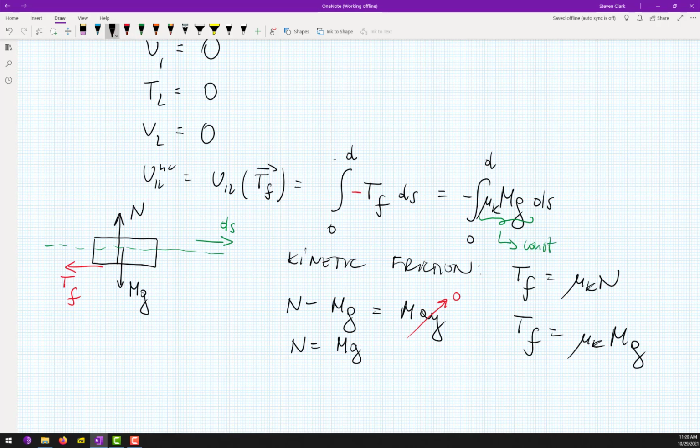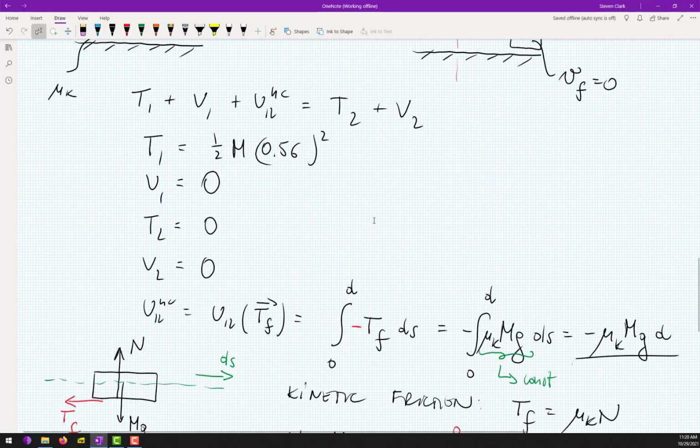This is constant, and we like to integrate constant things. I mean, we don't like integrating at all, yes? But it's easier to do it when it's constant. You know what I meant. Great, so this is our work dissipated, our energy dissipated.